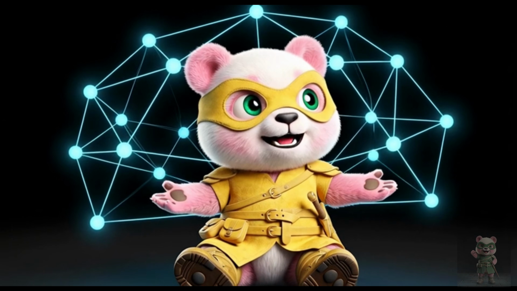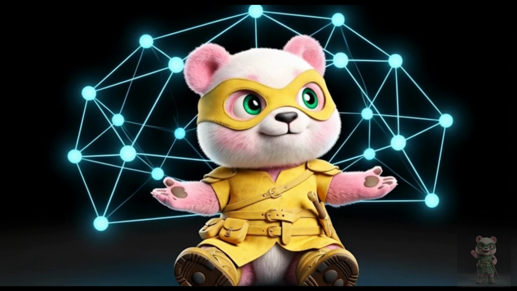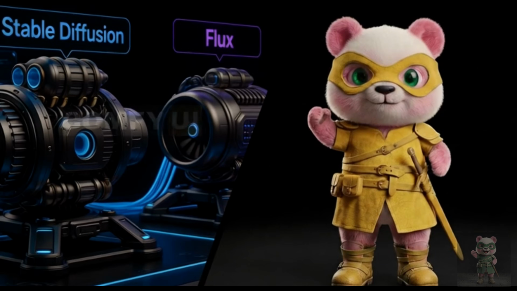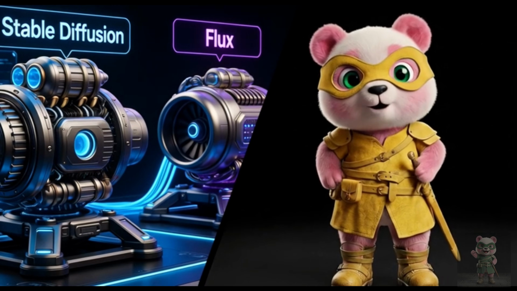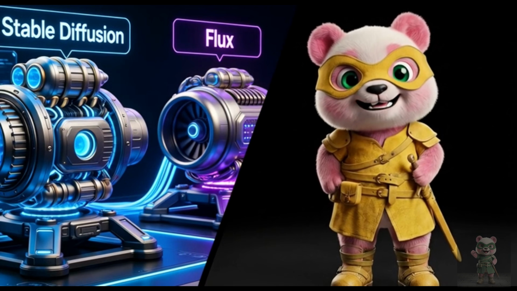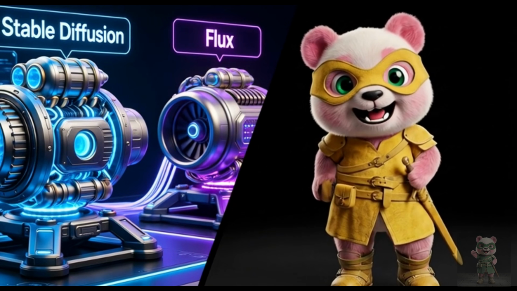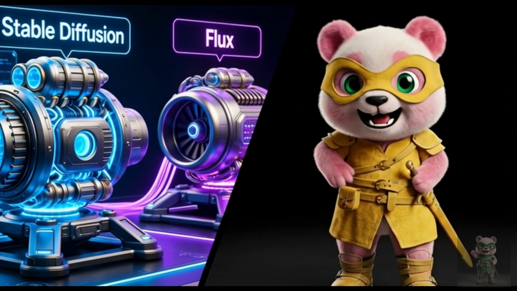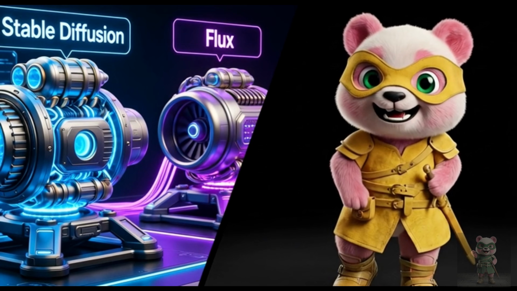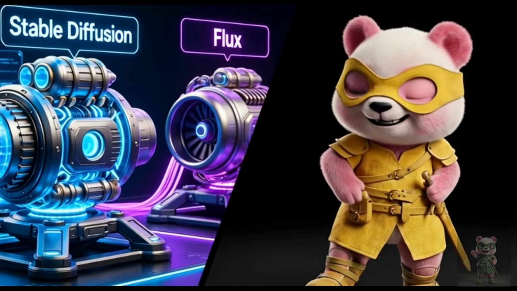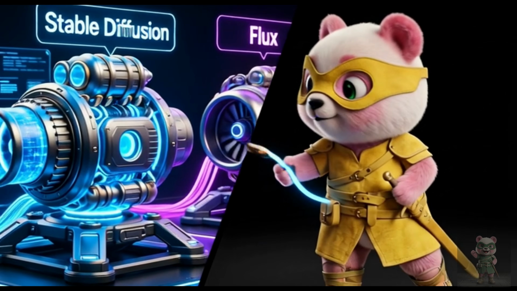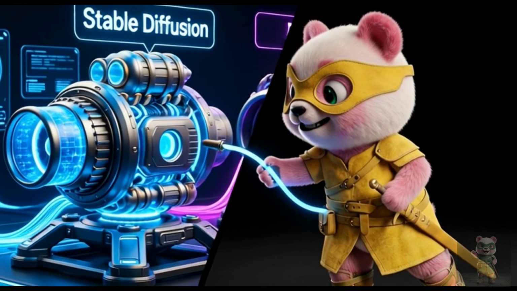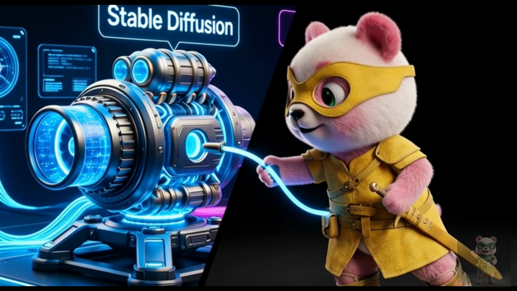But before we talk about ComfyUI itself, we first need to understand what AI image generation actually is. Today, AI isn't just one single tool. There are many different models you can run right on your own computer, like Stable Diffusion, Flux, and many others. It's also important to understand that ComfyUI isn't just for making pictures.